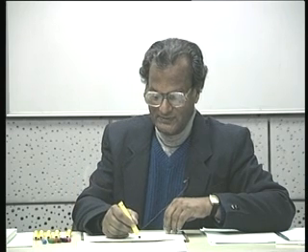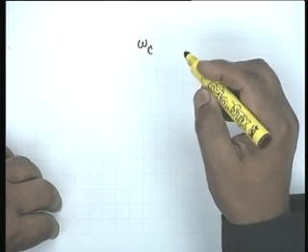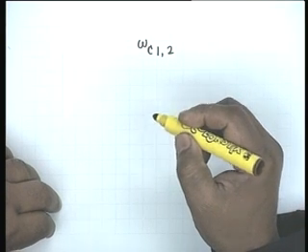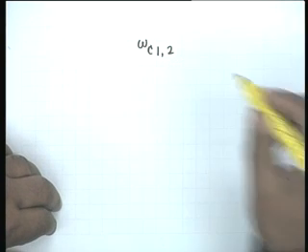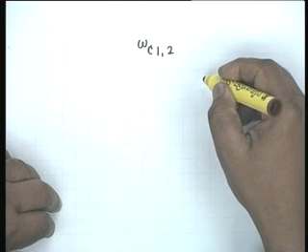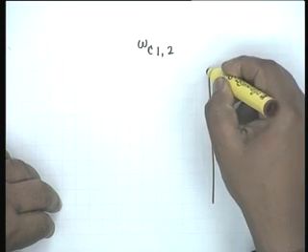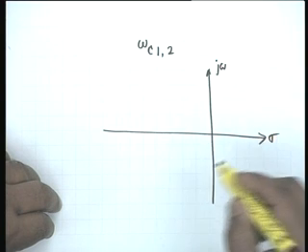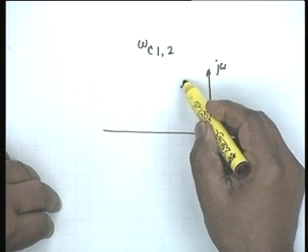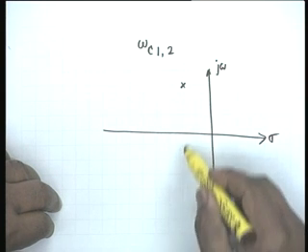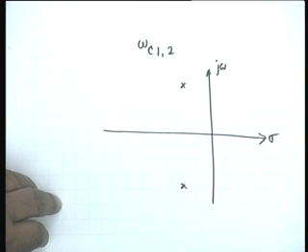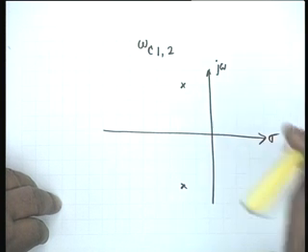So our aim now is to find the values of omega c1 and c2. If there are 2 cutoff frequencies, we want to find both of them. For this, we consider this pole-zero diagram again, and let us say these are the poles, somewhere here.